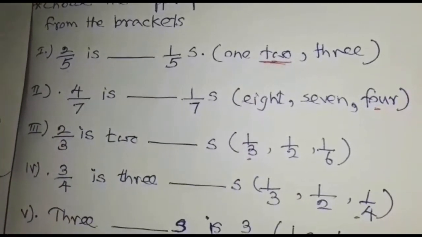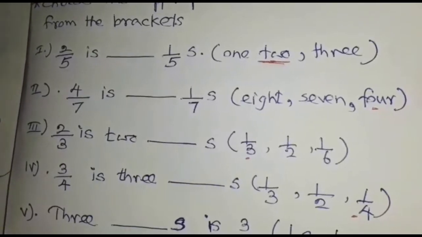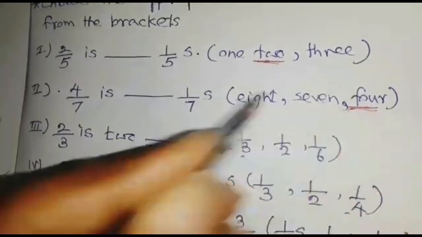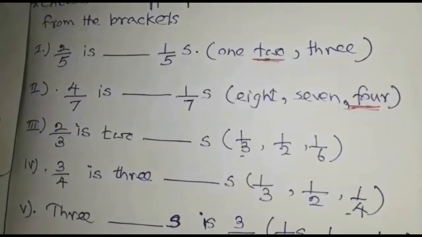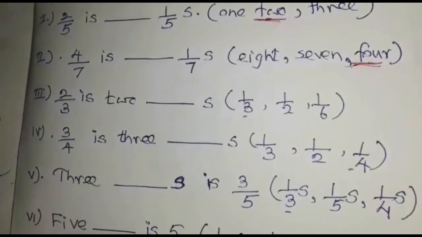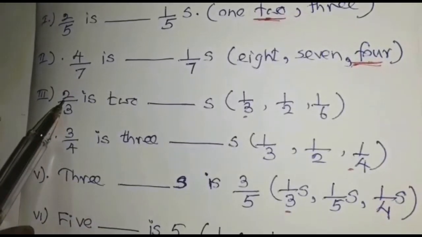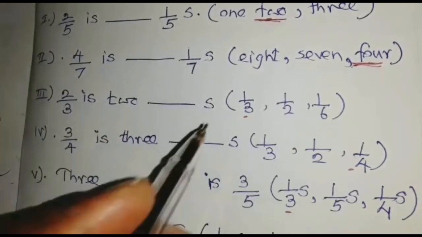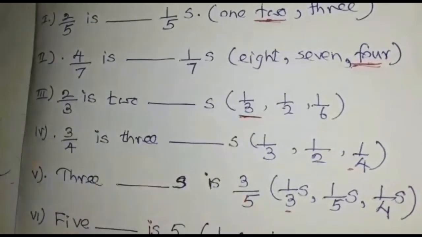Second one, 4 over 7 is 4 1/7. Third one, 2 over 3 is 2 1/3.